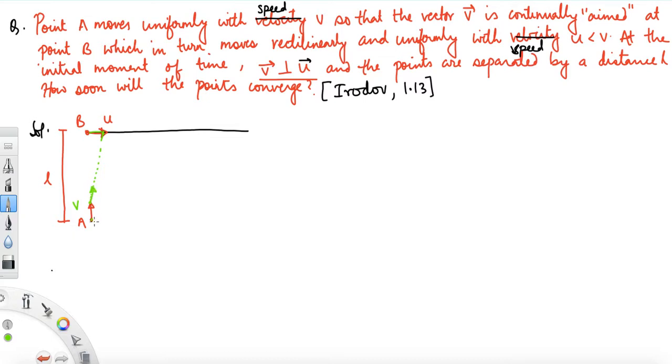In time interval dt, A is changing its direction, but not the magnitude of velocity. Magnitude of velocity, which is speed v, is going to remain the same. Again, B is here and A changes its direction here.